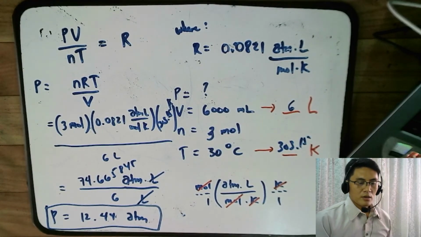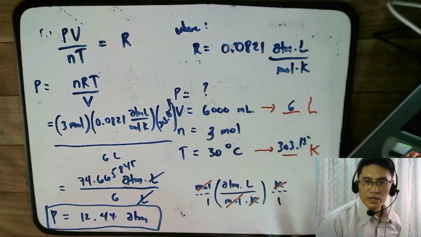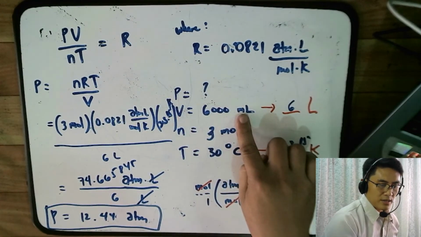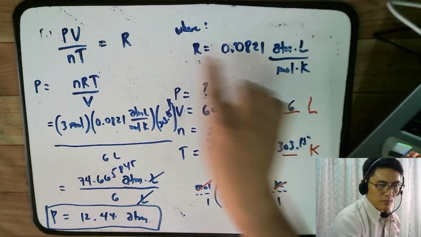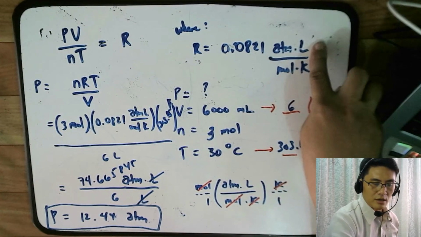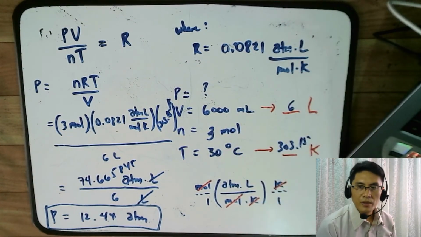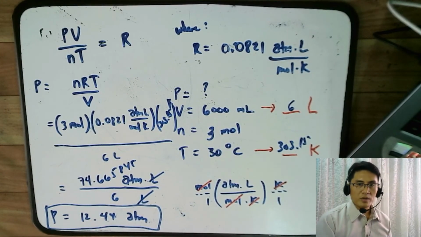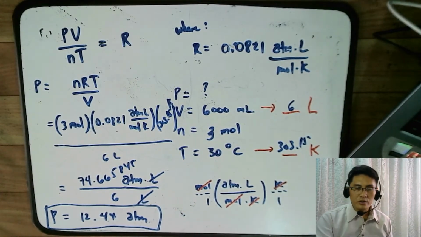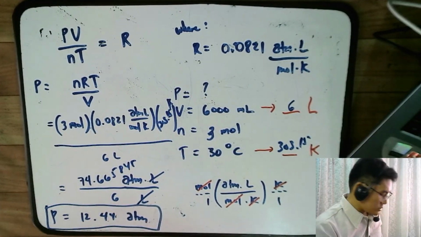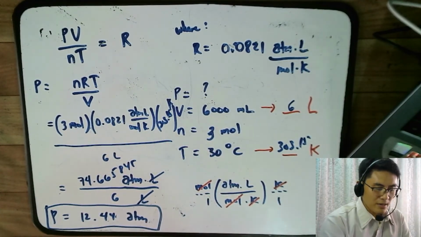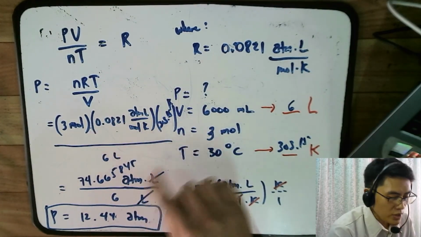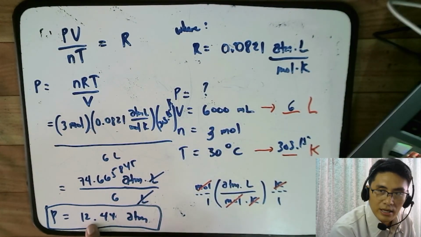Number 1, every temperature scale must be converted to Kelvin. Number 2, you have to be consistent with your units, since the given volume is in ml, but in your R, what is incorporated in that unit is liter, so you have to convert that to liters. And then second one, you have to show me the conversions. I showed you the conversion in the smaller whiteboard a while back. And then after that, you solve following the cancellation of units, and then get the final answer here.